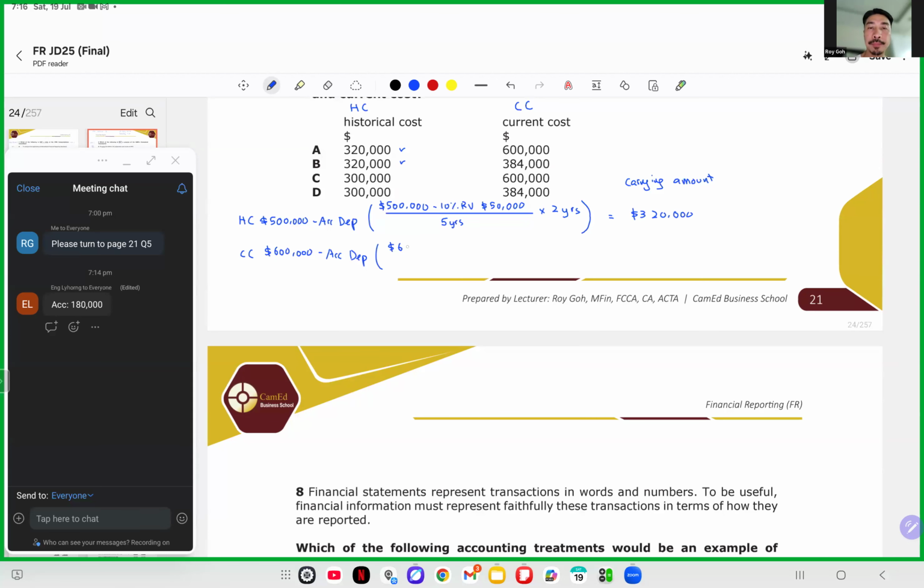Here is 600 minus 10% residual value, which is 60,000. Life, 5 years. And you have 2 years here. This will give you 384,000. Answer is B. So if you have done this at home and you found the answer to be B, congratulations.